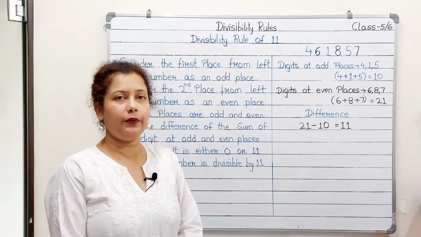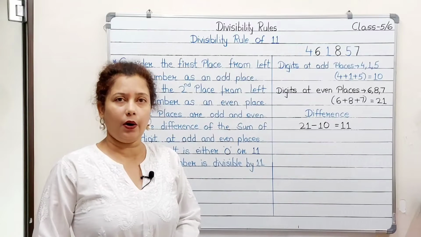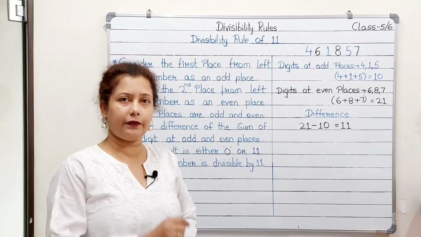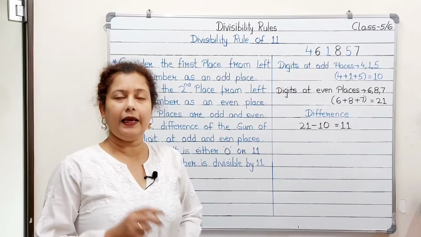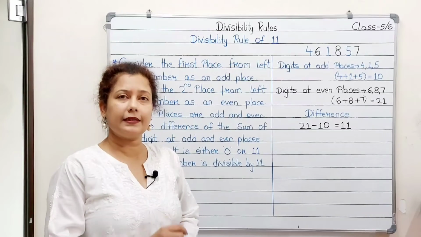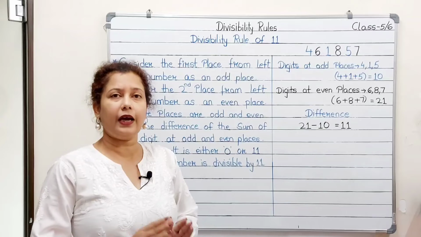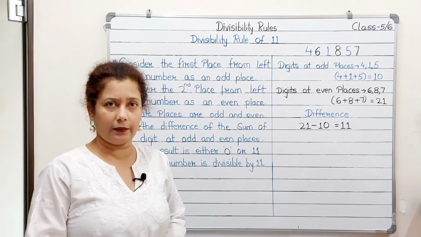Next divisibility rule is of 11. For this, we have to understand odd and even places. We know that 1, 3, 5, 7, 9 are all odd numbers, and 2, 4, 6, 8 are all even numbers. Here we have to remember only odd and even places, not the numbers.